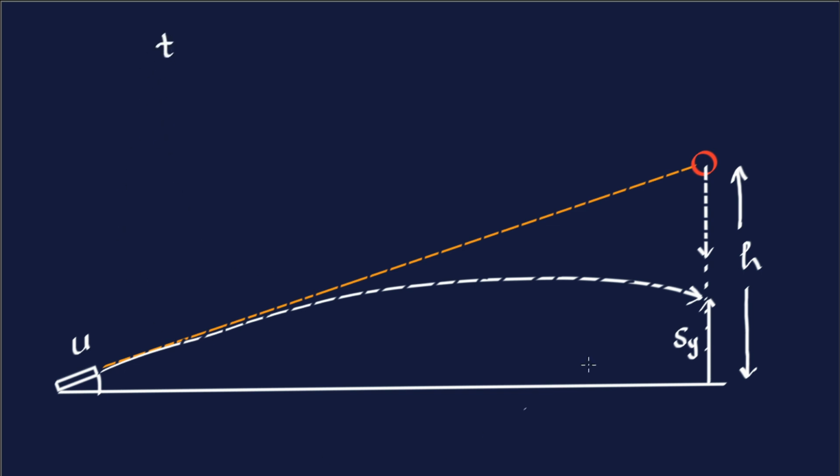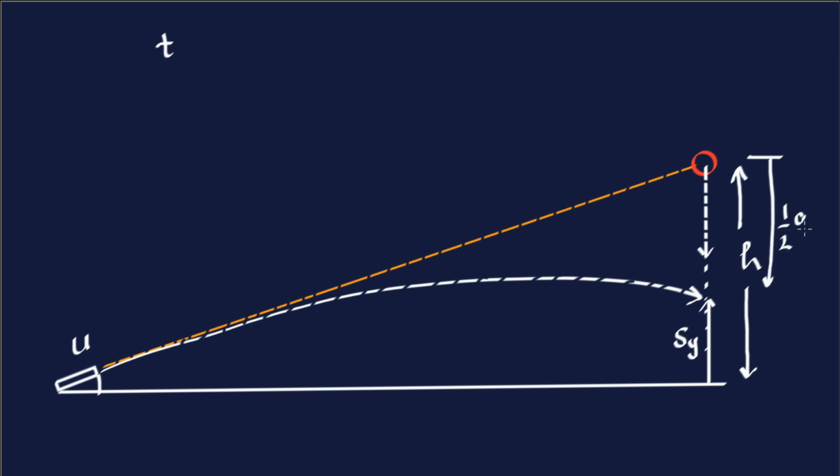Now we have to show that during this time, the target has come down this distance so that the bullet hits the target. Which means, during this time, the distance moved down by the target, what is that?